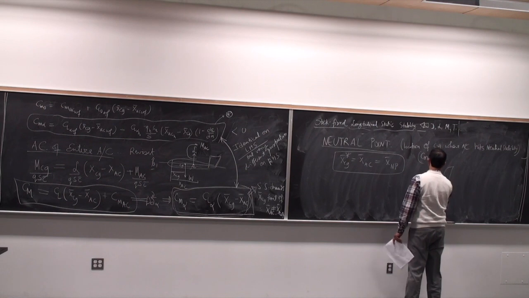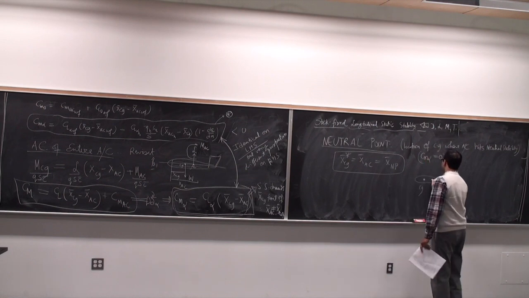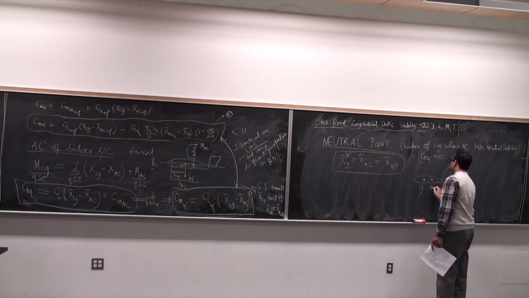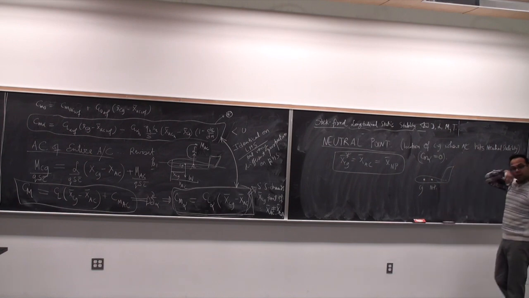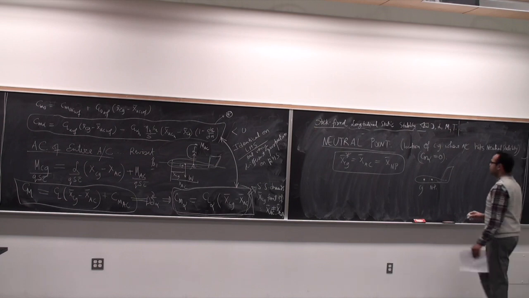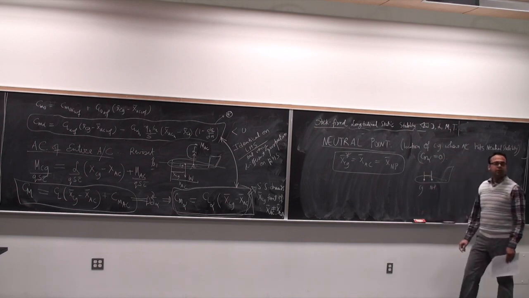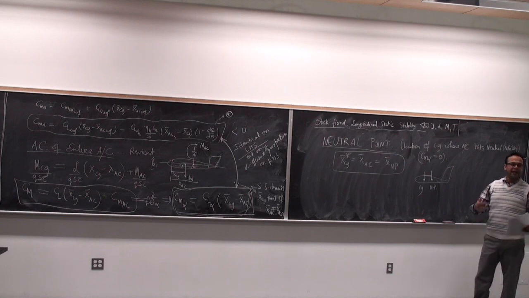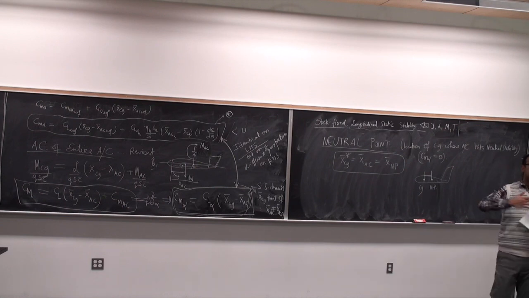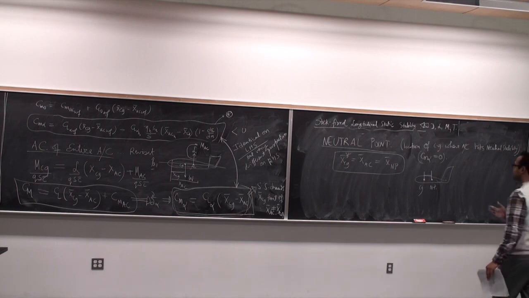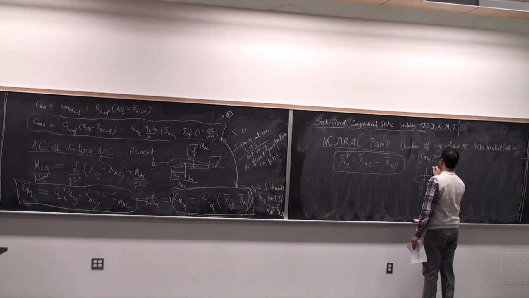Okay. If the CG is here and here's the neutral point, then you have a ways to go before you hit neutral stability. And for that simple reason, that you do have a ways to go, there is some margin, right? This distance is called the static margin.